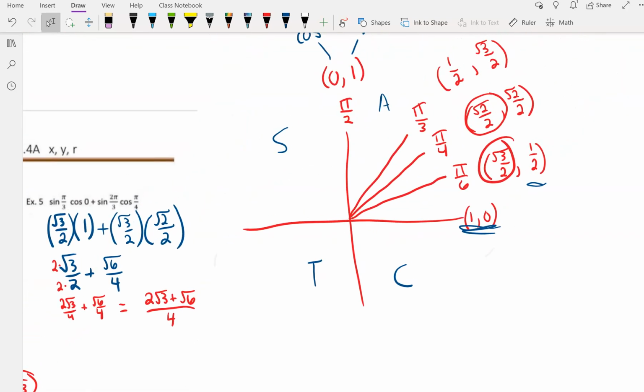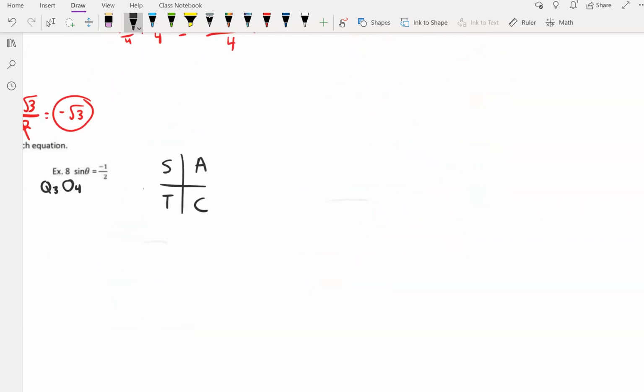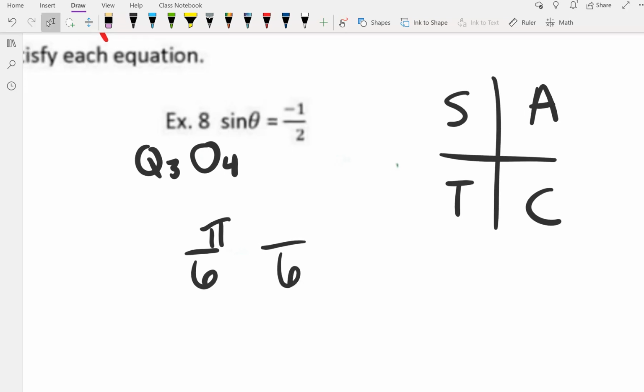If you need to, you can look back at your unit circle. Sine of 1/2 is when we have pi over 6. But we don't want it in quadrant 1. We want it in quadrant 3 and quadrant 4.